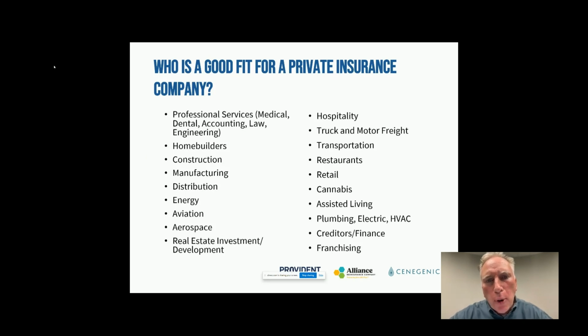What industries are perfect for private insurance? Well, every industry that has risk, which is everybody, right? I mean, name me an industry that doesn't have a risk, from hospitality to trucking to cannabis to home building to commercial construction to a franchised operation to aviation and aerospace.